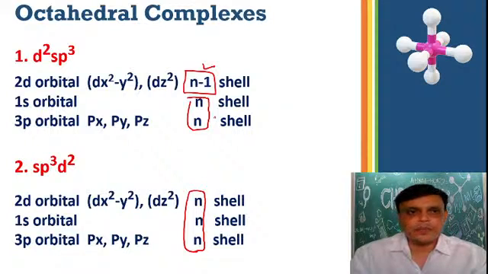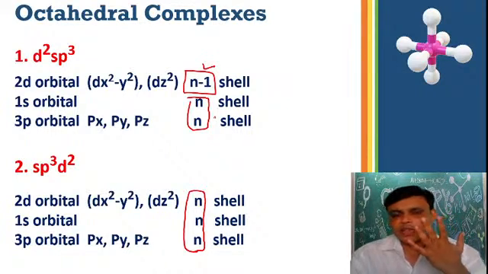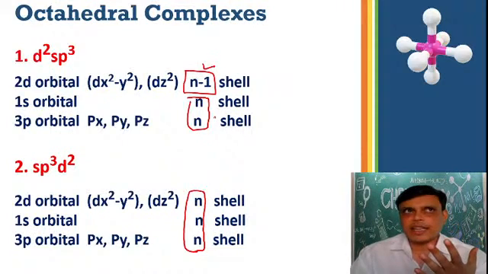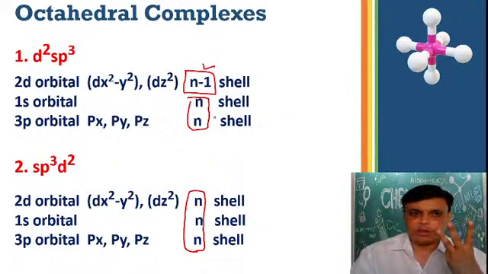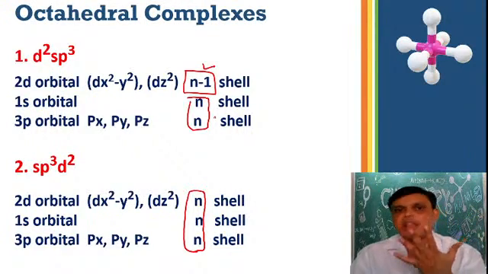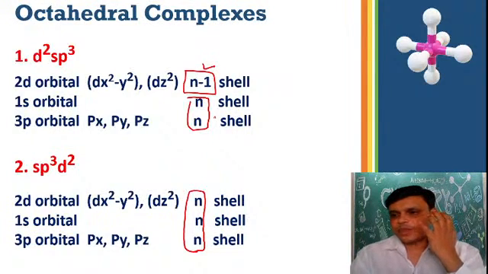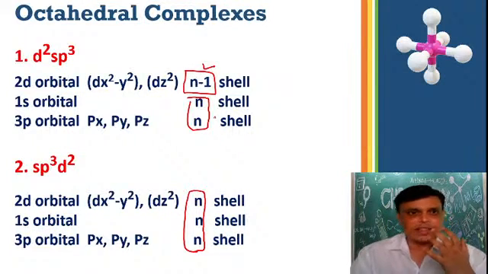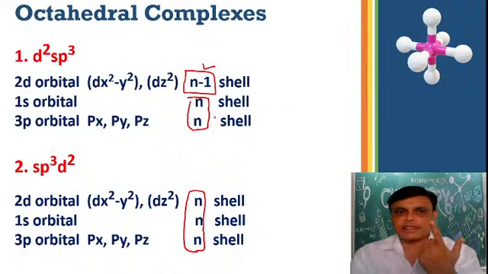Now listen to my question carefully. There are 5d orbitals, correct? Which 5d orbitals? dxz, dyz and dxy, these three orbitals, and dx square minus y square and dz square.